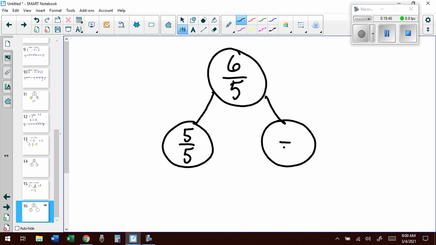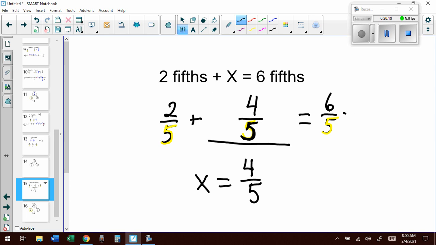Now the question is, since we're dealing with like denominators, fifths, 5 plus what equals 6? 5 plus 1. How many one-whole pieces do we have here? We have one whole, and what's our leftover? 1/5. So 6/5 equals, as a mixed number, 1 and 1/5.